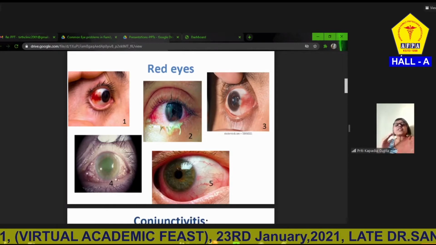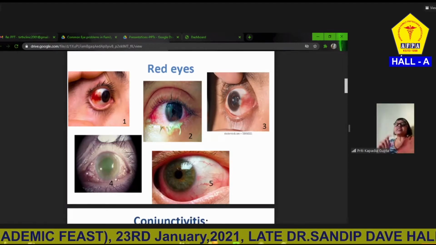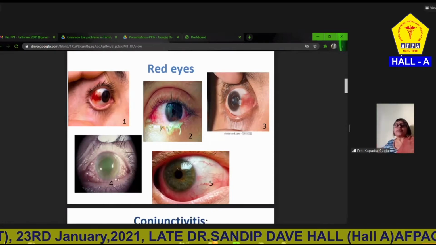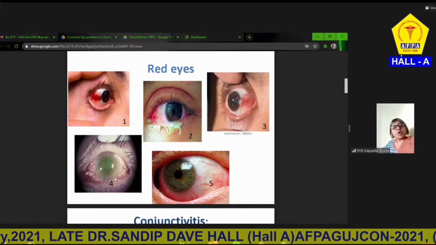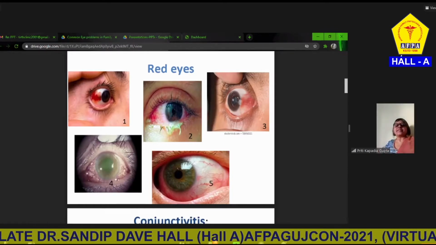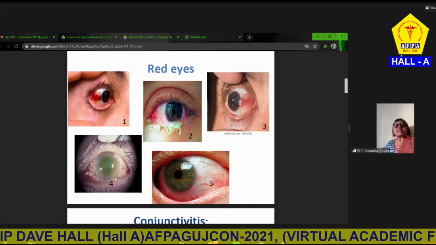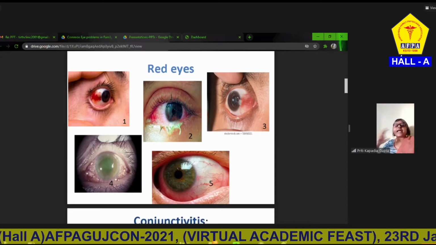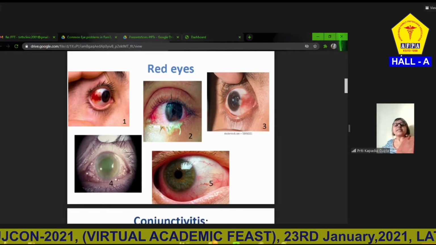So the indication of that is just dimness of vision, and the patient is getting temporary glasses having cylinders. Not only that, of course, there is a cosmetic purpose where your patient doesn't want to look like this with a red patch in his or her eye. And also sometimes there is a restriction of movements because of pterygium. So fleshy pterygia sometimes cause even diplopia. So these are the indications.